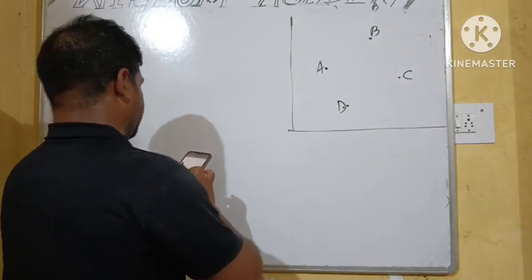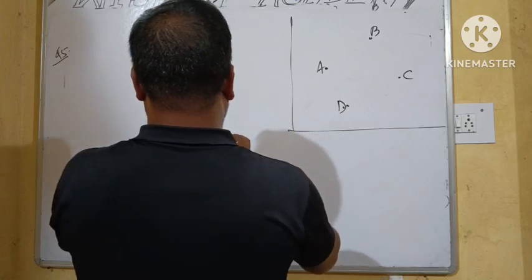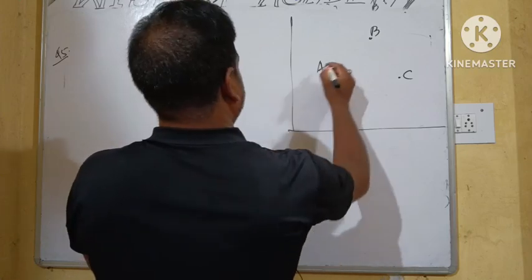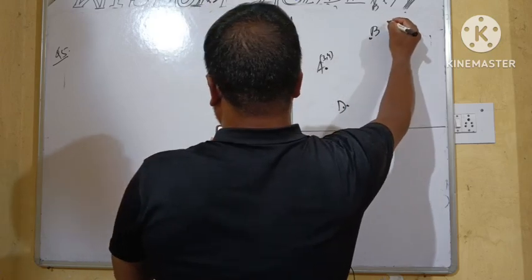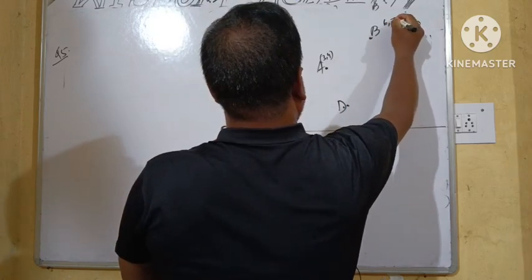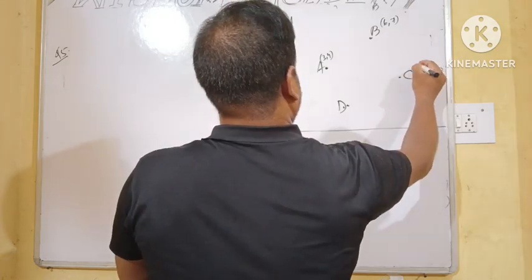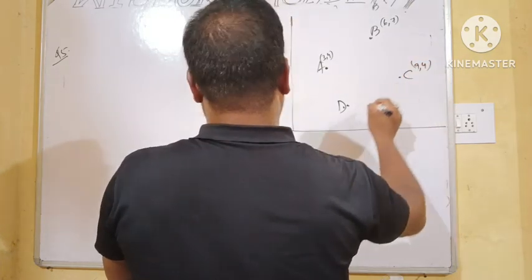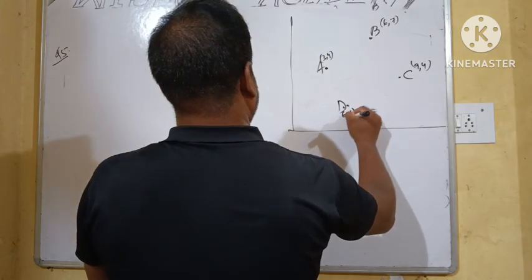Write down the coordinates according to this figure. The coordinates of A will be 3, 4, the coordinates of B will be 6, 7, the coordinates of C are 9, 4, the coordinates of D are 6, 1.